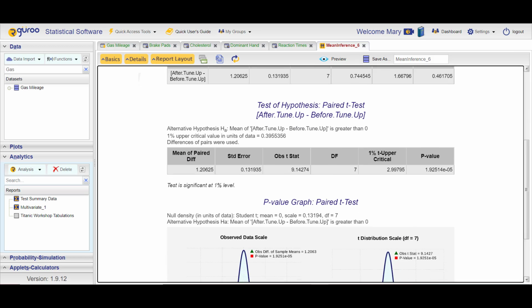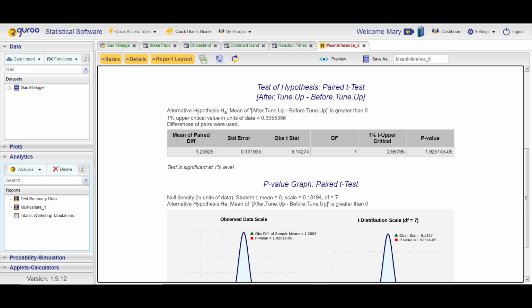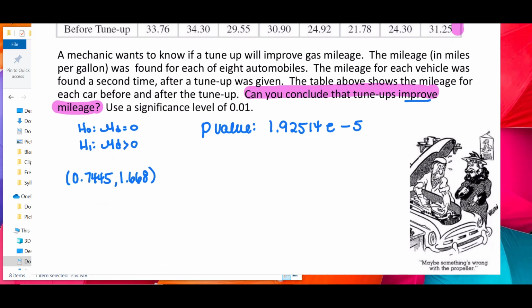If I scroll, I can see the p-value is, in scientific notation, 1.92514 E negative 5. And so let me go back here. What that means is we move that decimal 1, 2, 3, 4, 5 places to the left.